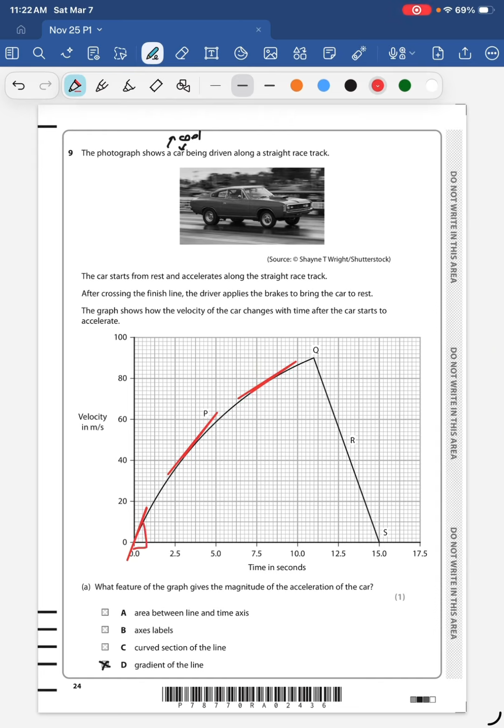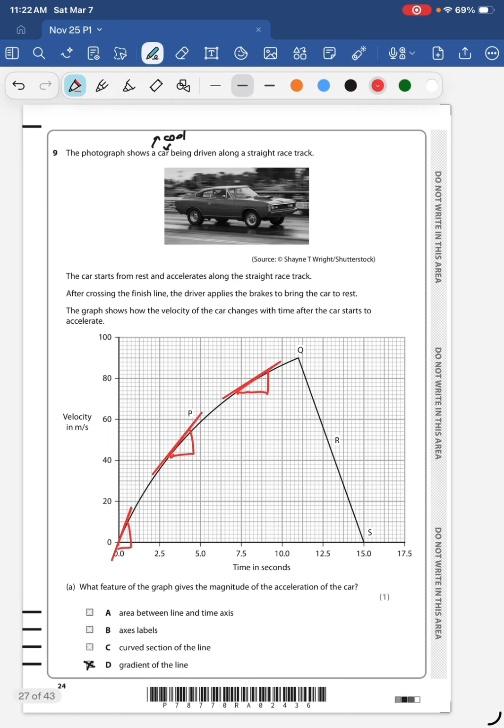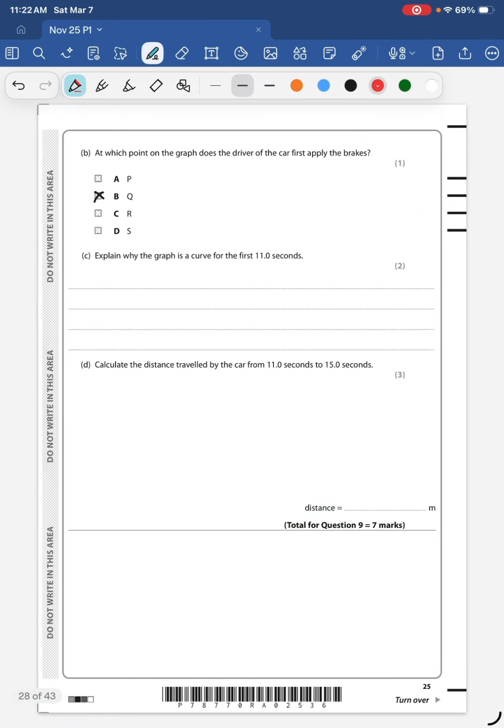This is the initial gradient, this is the gradient after a few seconds, and this is the next gradient. So the gradient decreases as you go from 0 to Q. That's the first observation: the acceleration decreases.